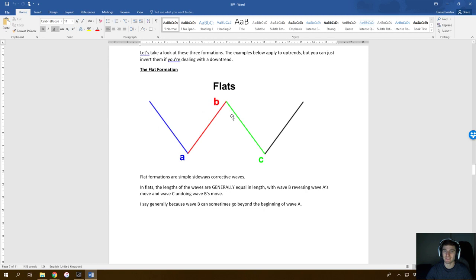So you're getting an ABC very flat like this. I say generally because occasionally wave B, for example, would move up above the start of wave A. That can happen. So that is what we see a lot of the time, a flat ABC correction.